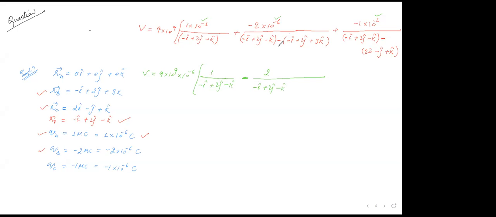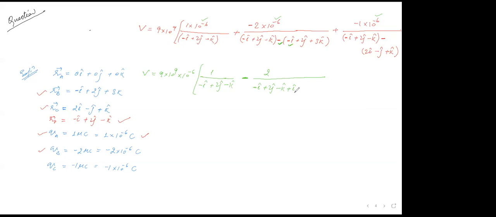Now please see carefully on the screen, Nawal and Matthew. When this negative sign multiplies with this minus I, what do you get? After multiplication of this negative sign and this negative I, you get plus I cap. Do you understand or not?